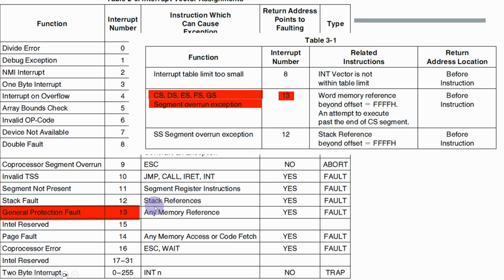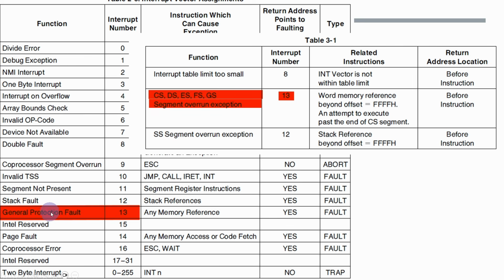Then there's another table later on, and it says in the table that we get a segment overrun exception on the code segment, which is what we were using because we were just reading code at the time. That means that when we try and read beyond FF, we'll get this exception.